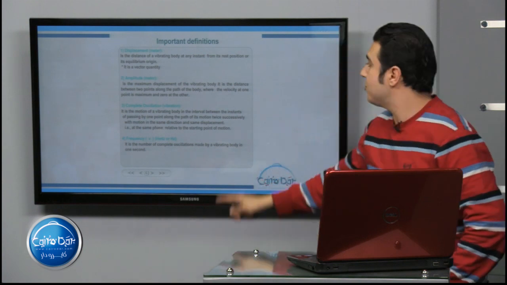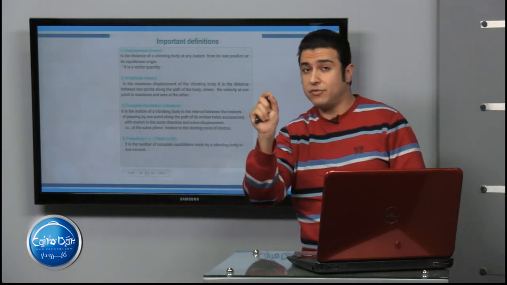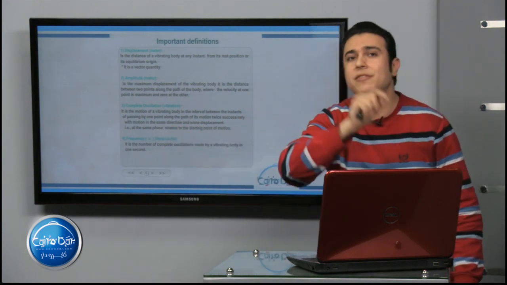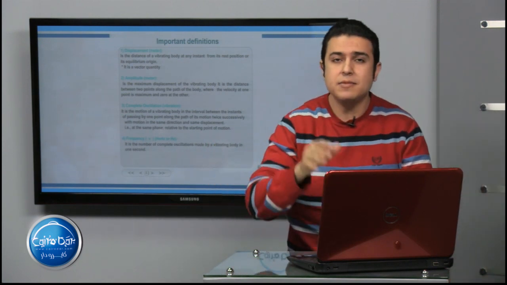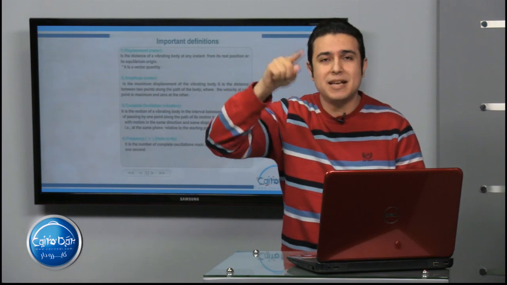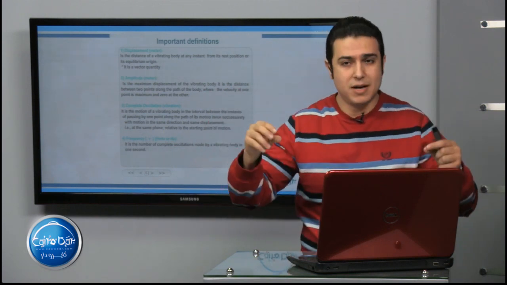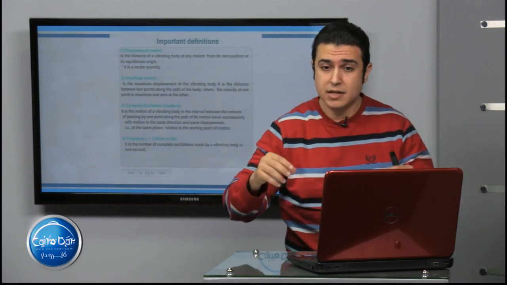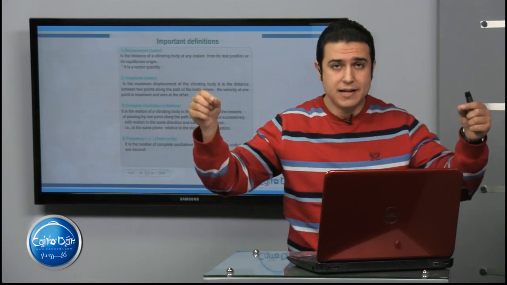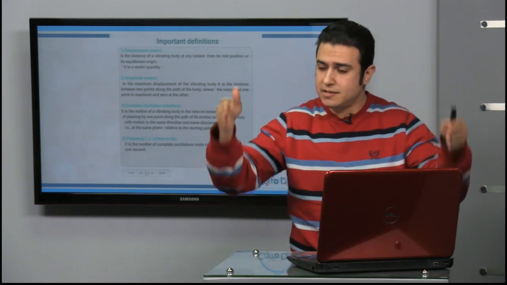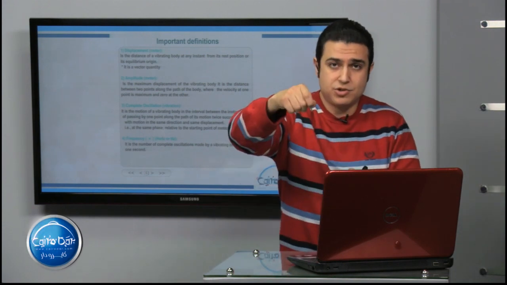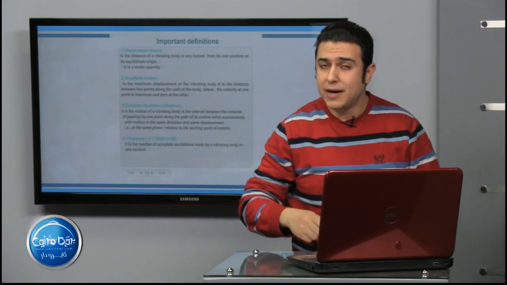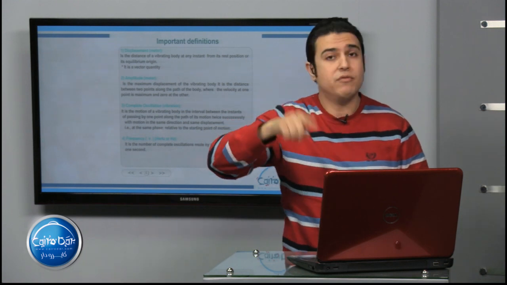What about the frequency? We give the symbol nu for the frequency. What's meant by frequency? Frequency means the number of complete oscillations. If we have a vibrating body, such as a rubber band fixed on a wooden table, and we pull the rubber band, it makes a number of vibrations.